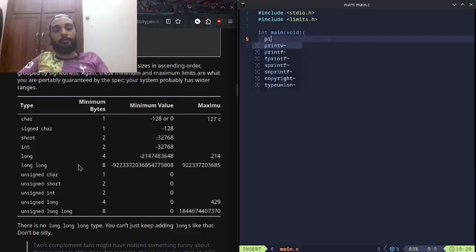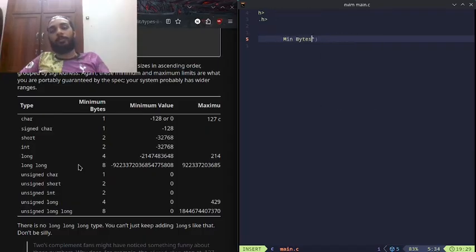So printf type, min bytes, min value, max value.